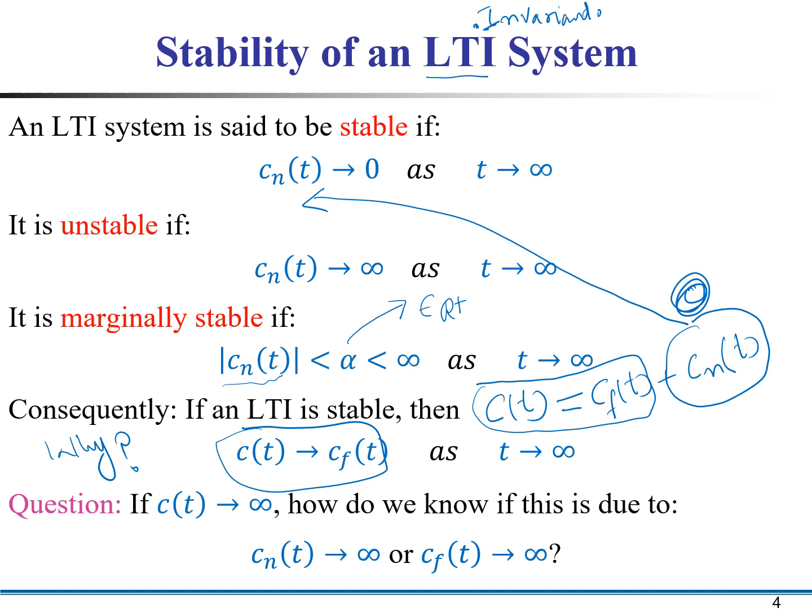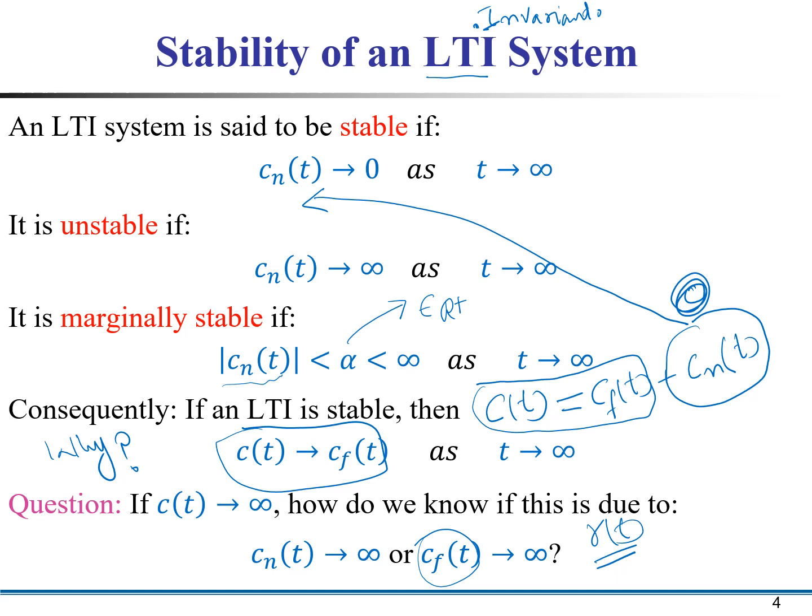So here it is very important to know that the forced response depends upon the reference input. And if the reference input is bounded, the forced response cannot be infinity.